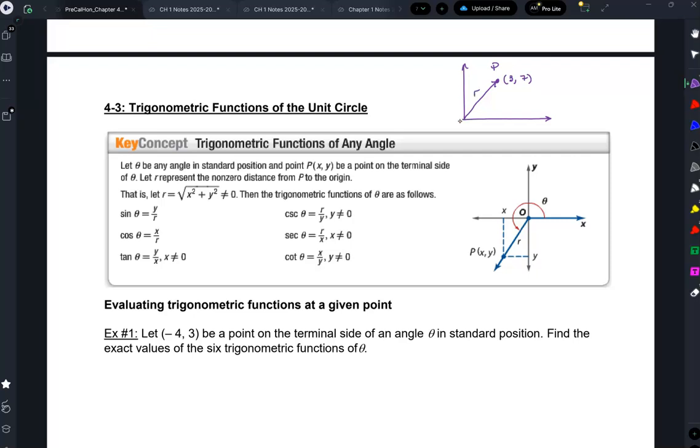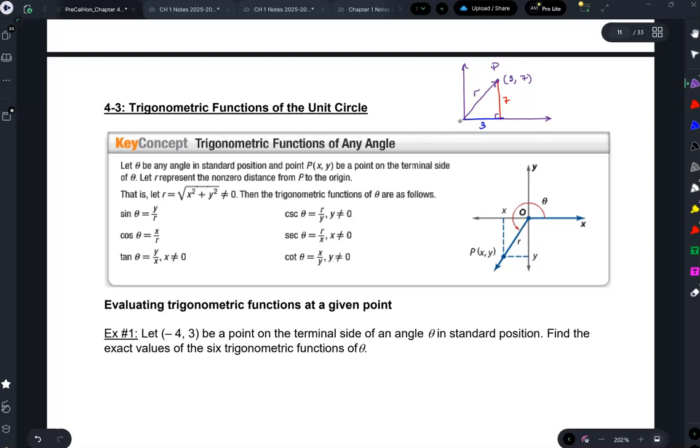Now, I can create a triangle out of this. Here, that will be a vertical line, and then this will be a horizontal line, and that is 90 degrees. If that point is 3 comma 7, then we know this horizontal line is 3 units long, and the vertical line is 7 units long.